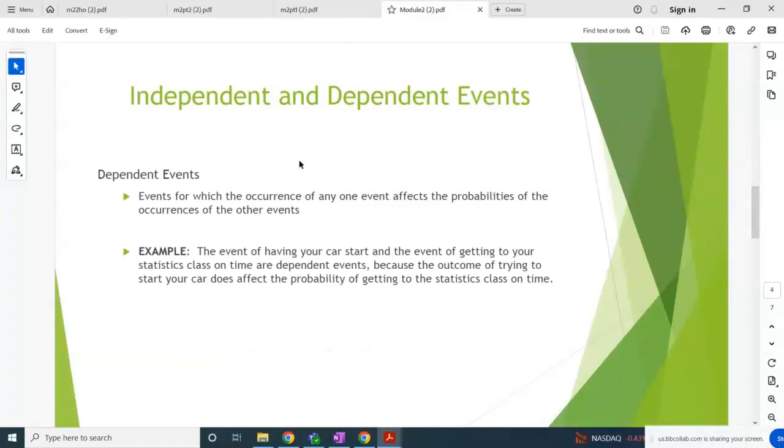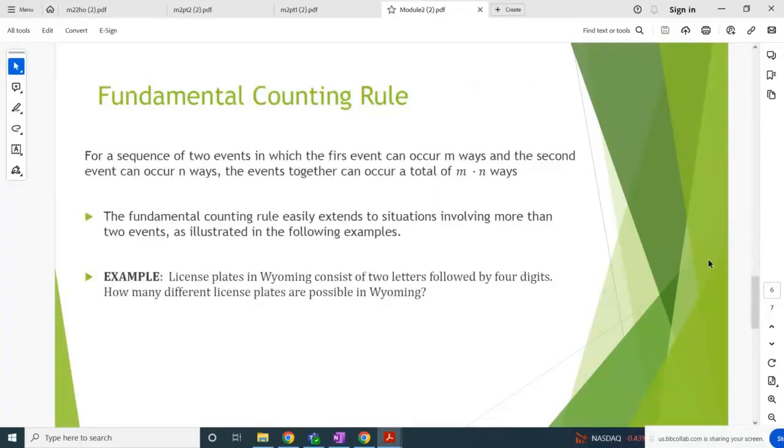We also took a look at independent and dependent events. Independent events are events in which one event does not affect the other, and we talked about the lottery and choosing numbers. Then we talked about dependent events, where one event is dependent upon another, so one event happening affects the probability of another event. We talked about the fundamental principle of counting.